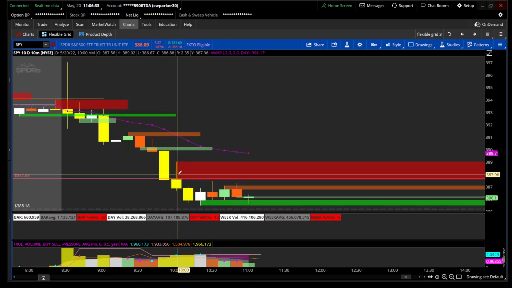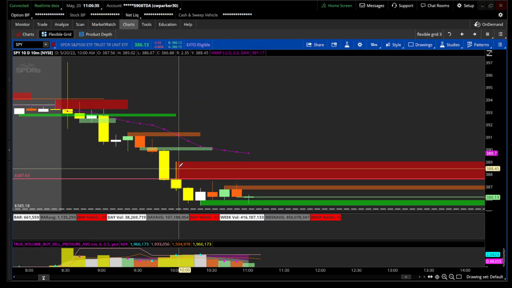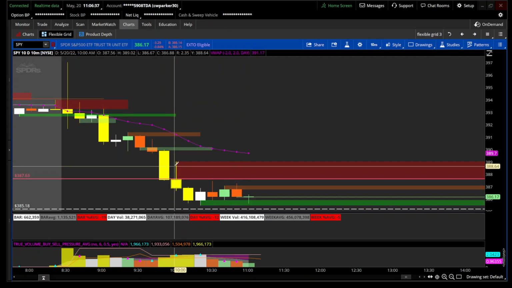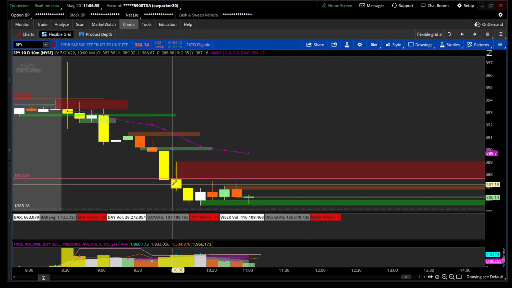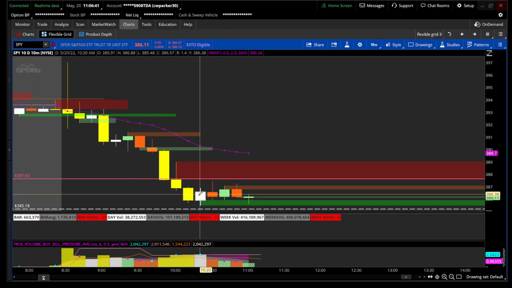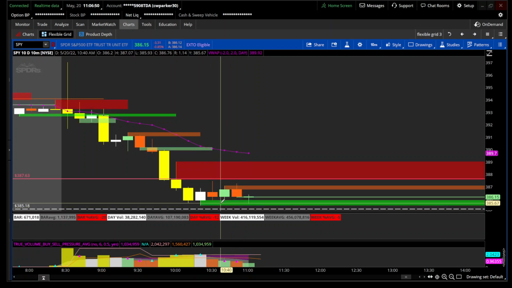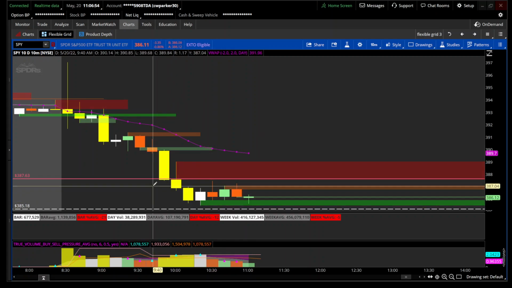And this pressure right here is pressure to the downside, even though price tried to push up. You can see the long wick indicating that pressure is true. Same situation down here. This lower wick indicates the same thing, that it's buying pressure in this area. So those represent the normal irregular bodies, but I added in the other irregular bodies as well.